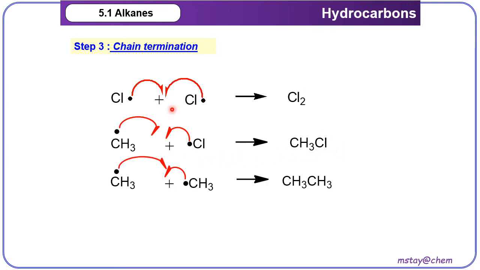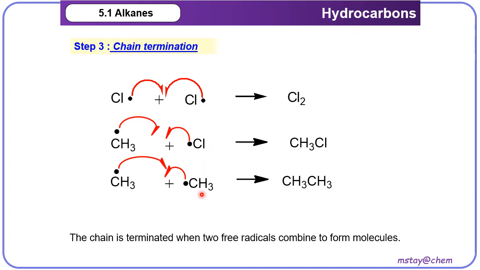However, if the methyl free radicals meet each other, like here and here, they will form CH3CH3. In simple words, the chain termination step is a step where as long as there are 2 free radicals combined to form a molecule, it is considered chain termination.